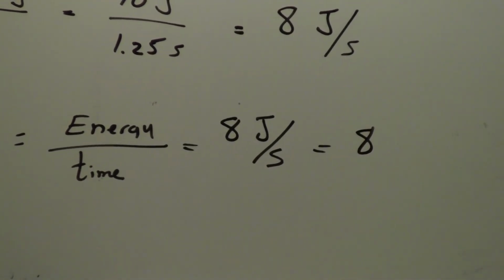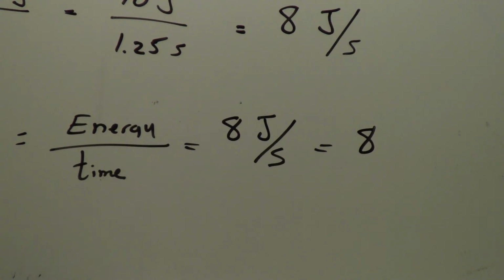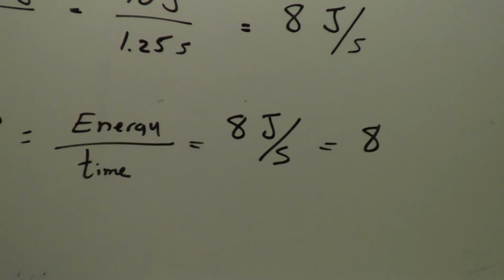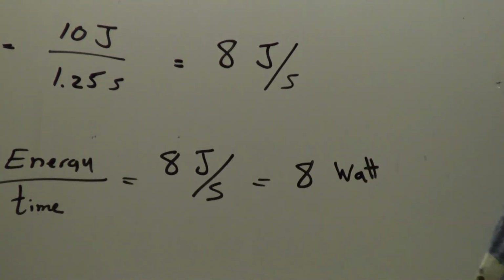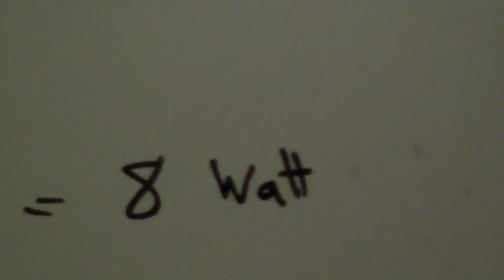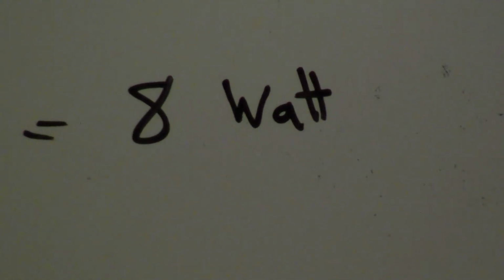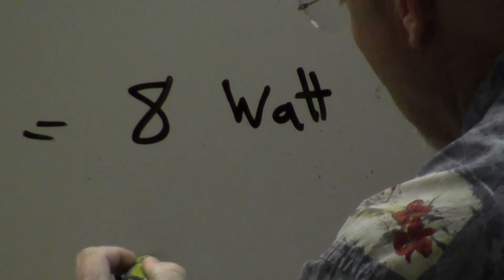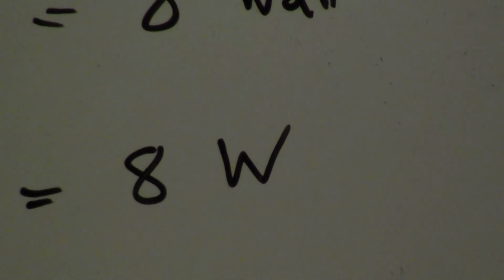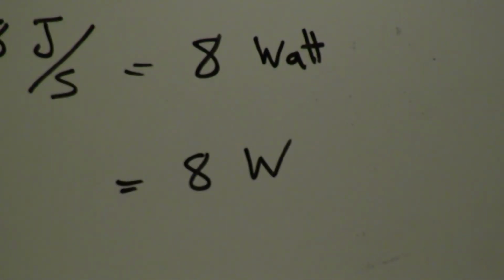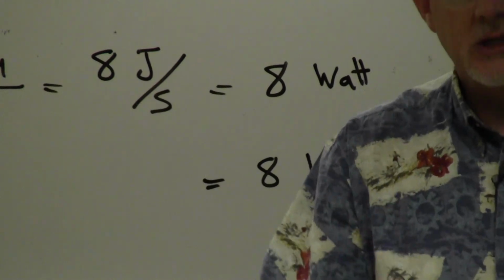And as I mentioned at the beginning of this chapter, the units from here forward are often given names to honor the great scientists in that field. And so this is named in honor of the inventor of the steam engine. And so it's called a watt. James Watt. And so 8 watts would be the answer to how much did the potential energy change each second.